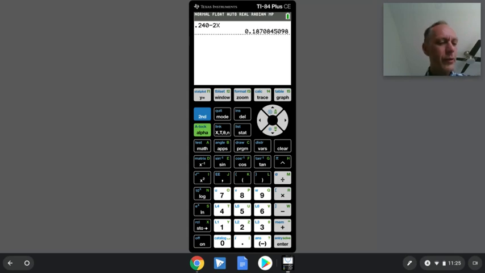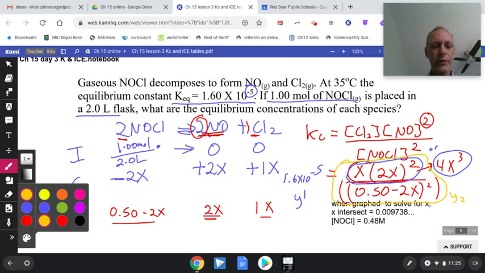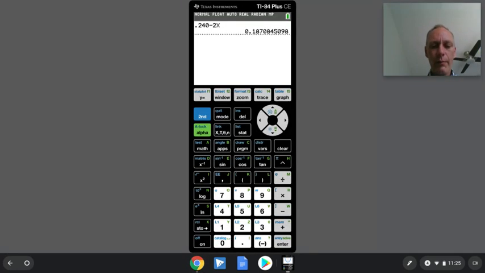Stored in x. And I'm going to go back to my equilibrium concentrations. I'm going to plug this one into my calculator first: 0.50 minus 2x. Enter. 0.480.